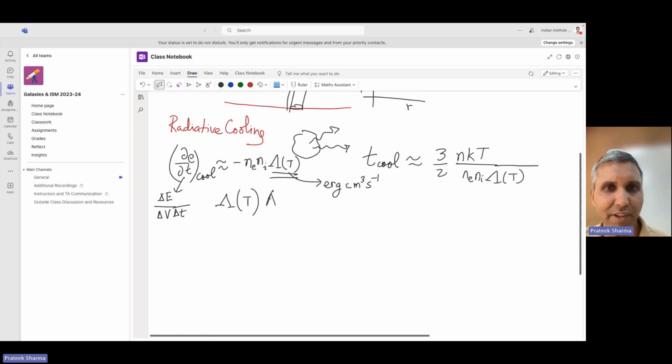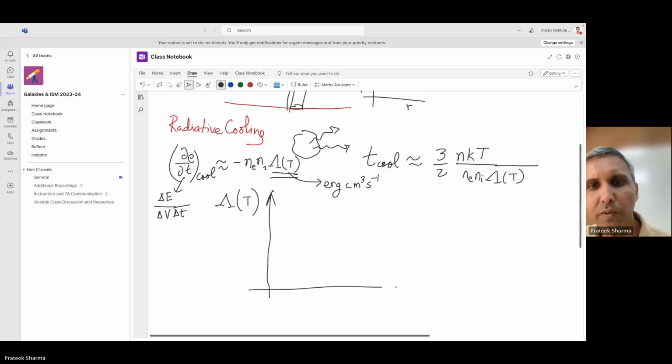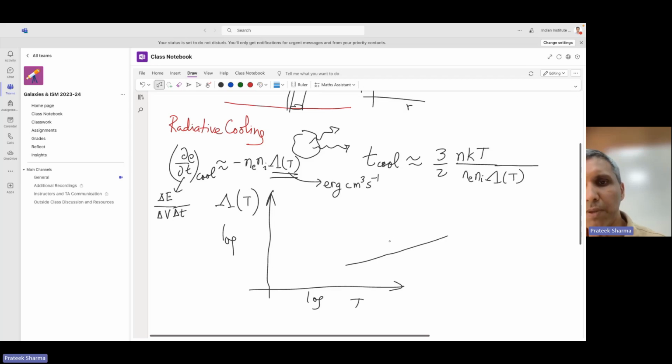So this lambda T as a function of T on a log plot looks like this. At high temperatures, it's T to the 1/2. This is the free-free regime. At low temperatures, it has this shape. This is about 10 to the 4 Kelvin. This is about 10 to the 7 Kelvin.